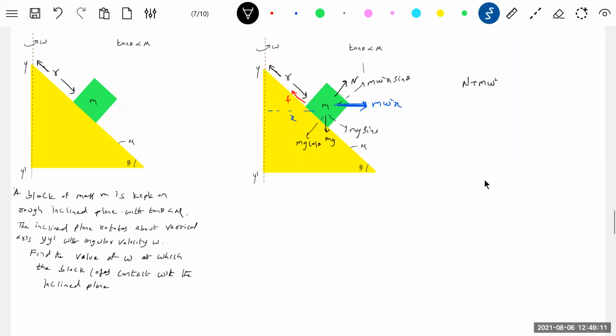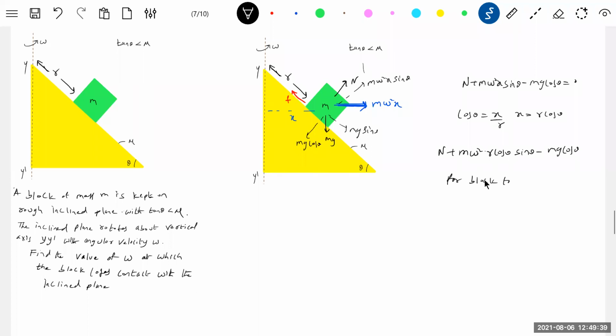N plus m omega square x sine theta equals mg cos theta. Cos theta equals x by r, so x equals r cos theta. That will be substituted there. N plus m omega square r cos theta sine theta equals mg cos theta. What was the condition given? The block should lose contact.